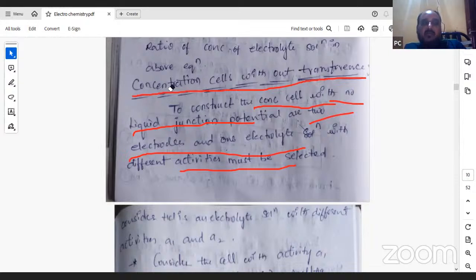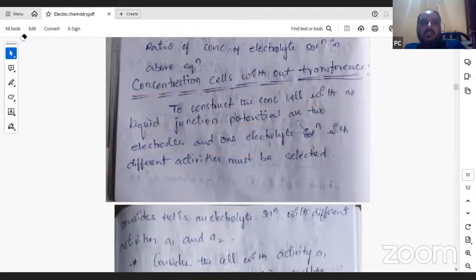So this is very important: how to select electrode and electrolyte solutions. Once we select the electrode and electrolyte solution, one is involved in oxidation, the other is involved in reduction. Therefore, we'll get the overall redox reaction. Just simply apply the Nernst equation to the redox reaction. We can get the final equation.